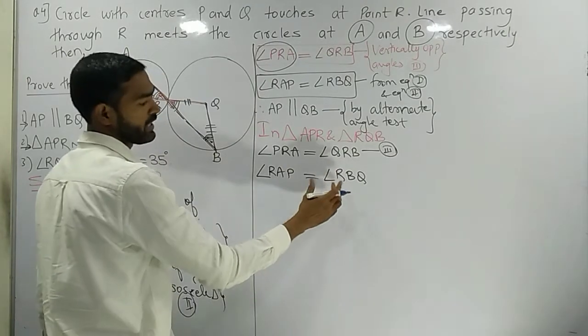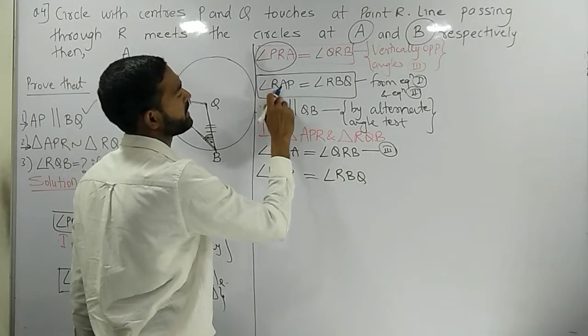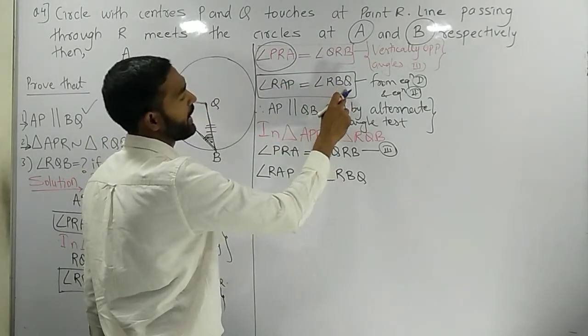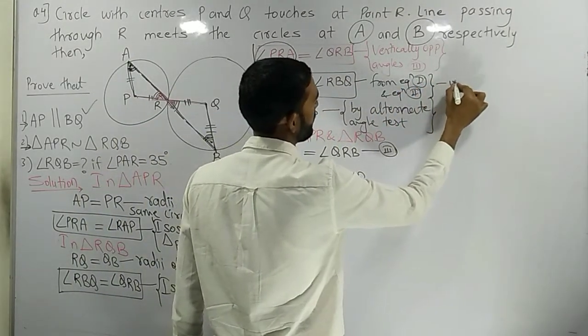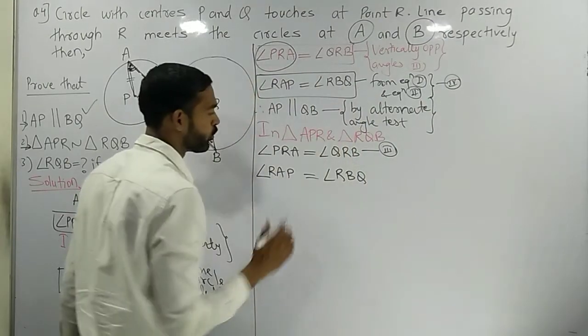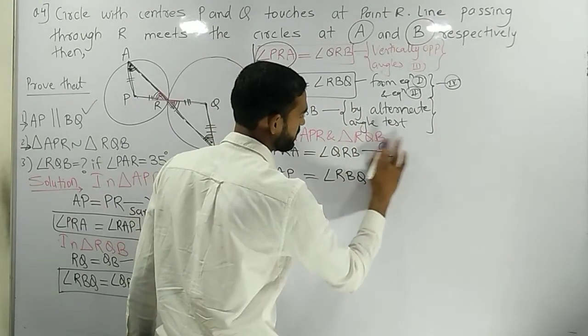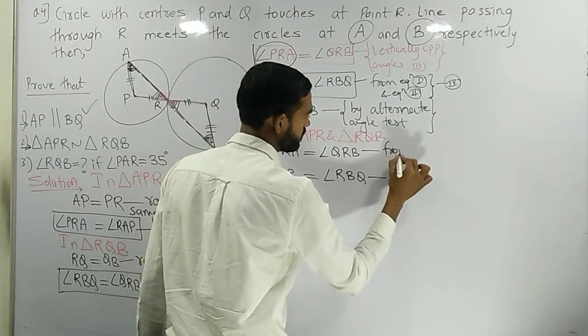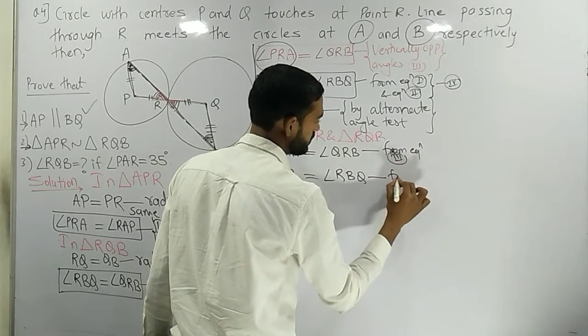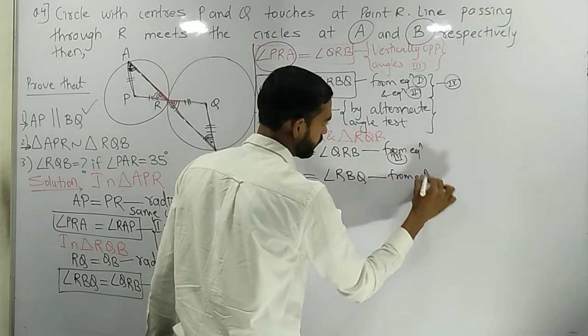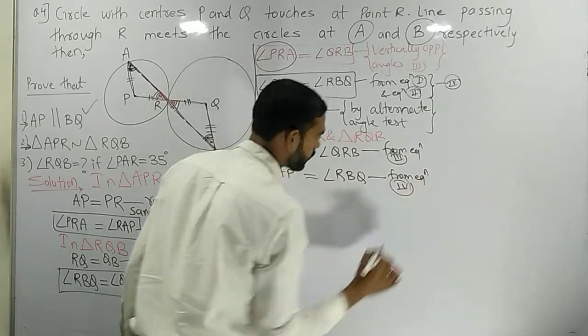Can you see here? Yes, this one RAP is equal to RBQ, from equation 1 and 2 we got, and this itself becomes equation number 4. So you will write here, this was from equation 3 and this is from equation 4.